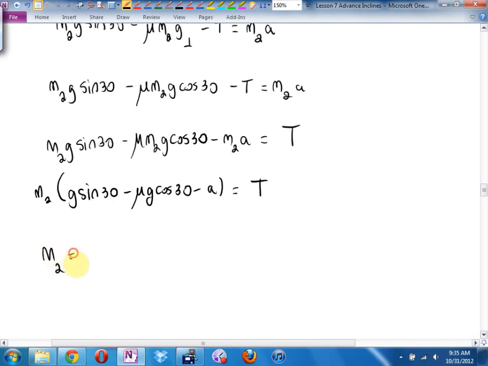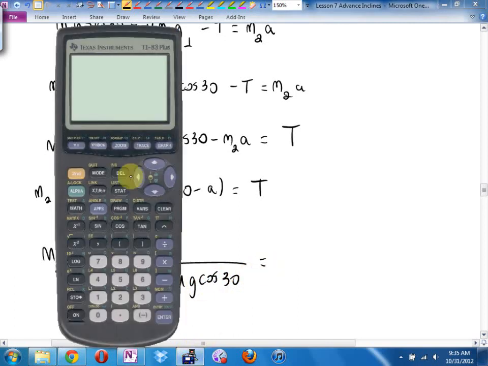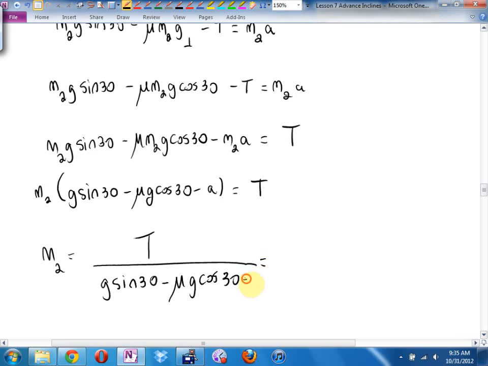M2 is going to be the tension, which we figured out in part A, yes? Divided by G sine 30 minus mu G cos 30. Conveniently, I still have the tension stored on my calculator. Woohoo! Oh, minus A. Thank you.